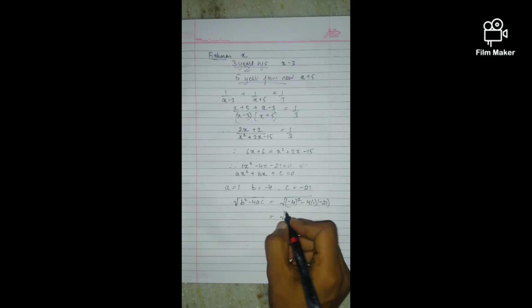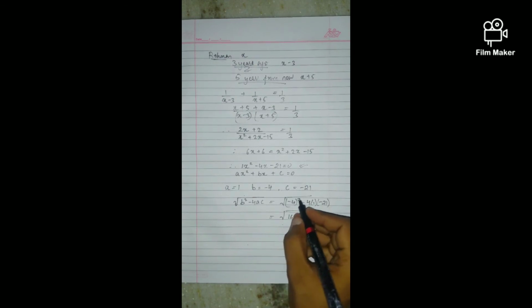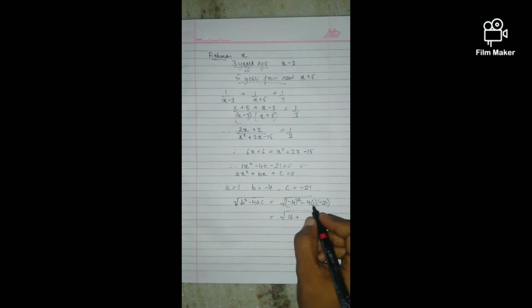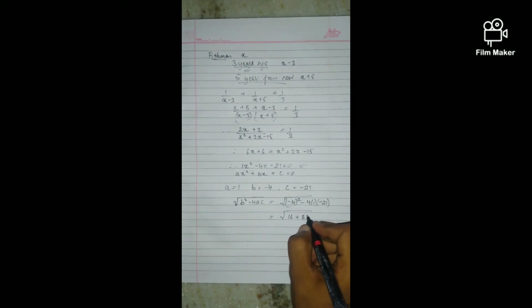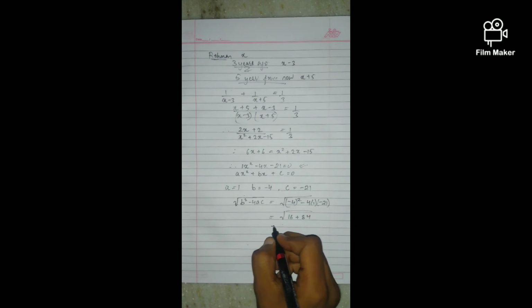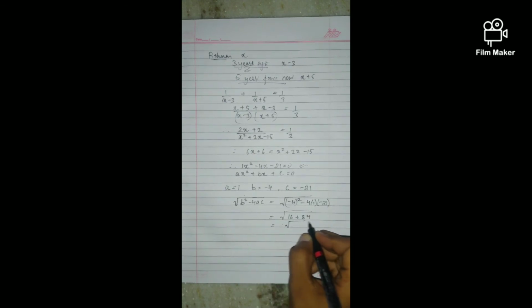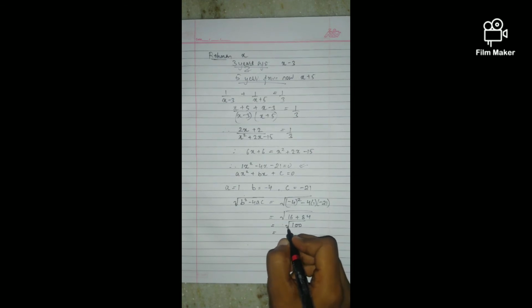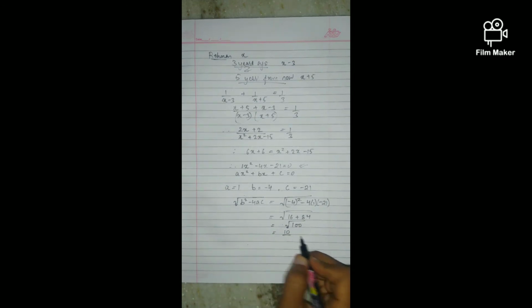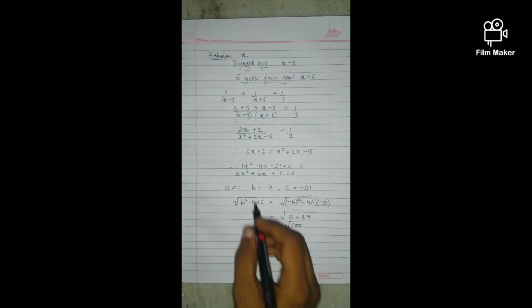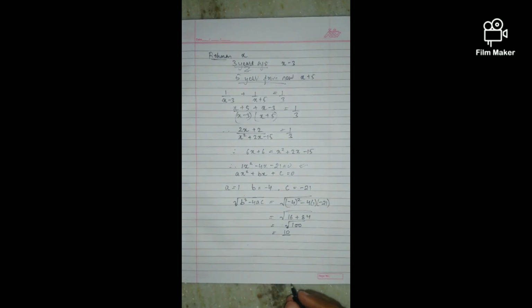Okay, that is under root of 16, minus into minus is plus, 21 into 4 is 84, that is 100. If we find the square root of 100, we'll get 10. Okay, so this is more than 0, so this equation will have real roots.